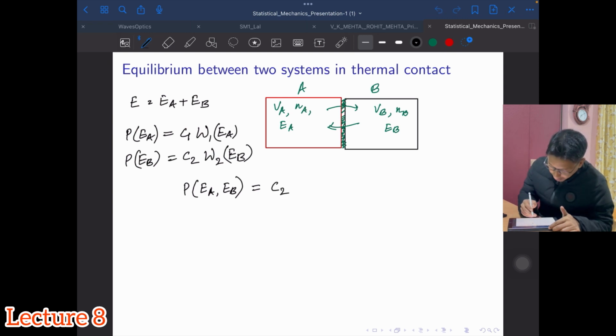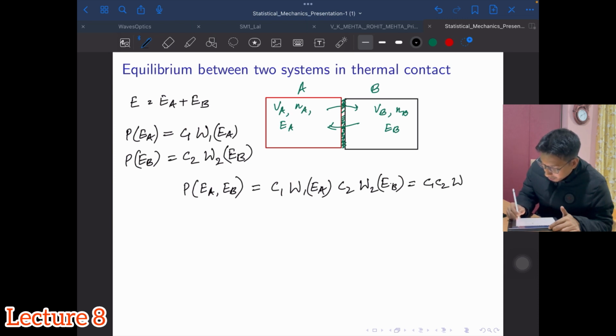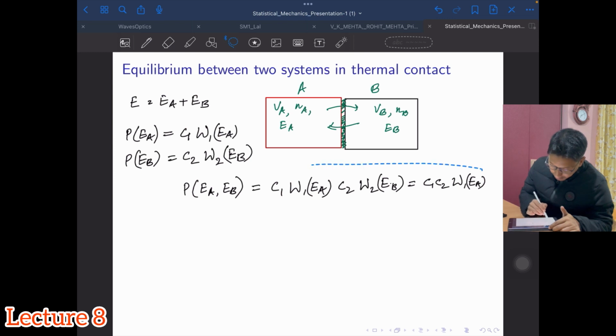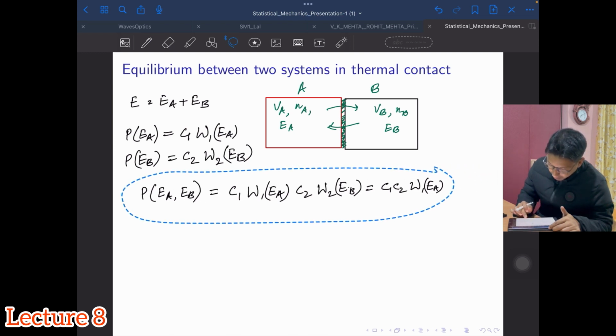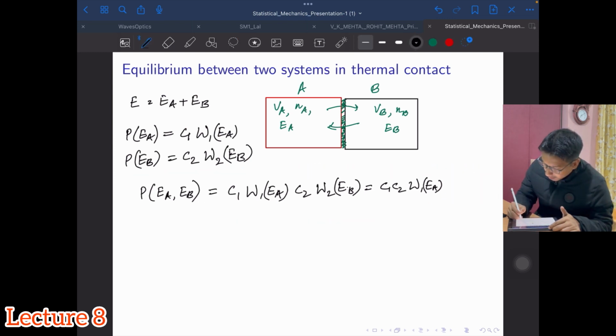Okay, so let me just write C1 W1, and then C2 W2 as a function of EB, or I can write it like C1 C2 W1 as a function of EA, then let me just shift this particular expression a little bit to this side, and W2 of EB.